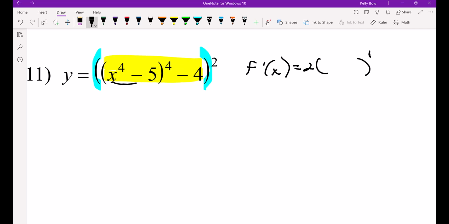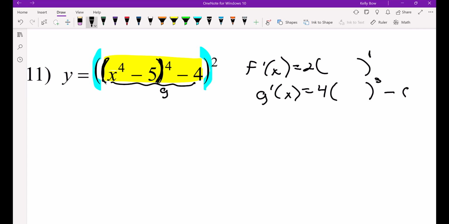So this whole thing is g. So the derivative of g, well, now the derivative of this parentheses to the fourth is 4 parentheses to the third, and then the derivative of 4 is 0.